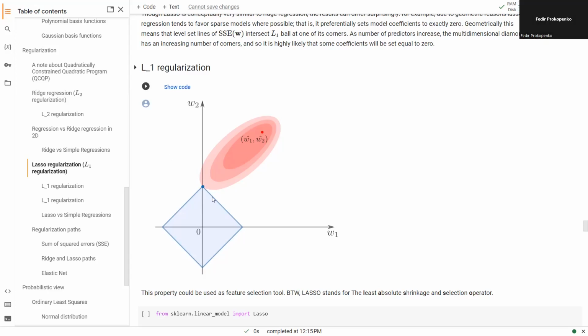They have no normal, no two normals, these points. The question is much simpler. Look, they always lie on the axis. That means that one of the parameters is equal to 0. It's not close to 0. It's not some epsilon value. It's a definite 0.